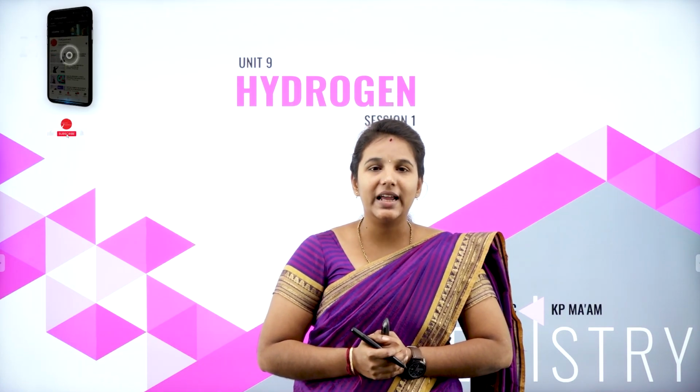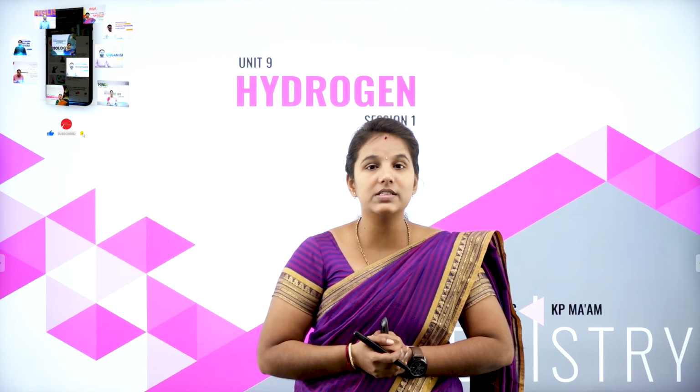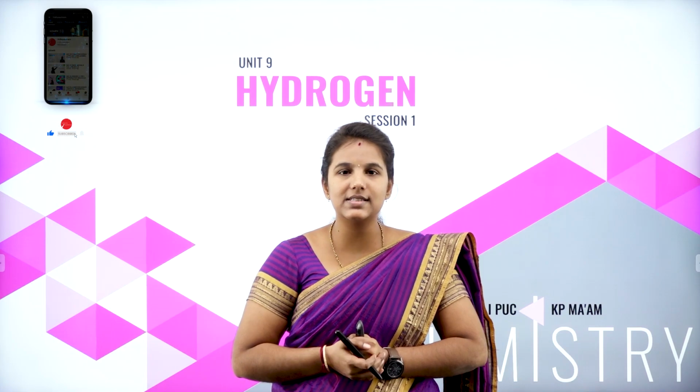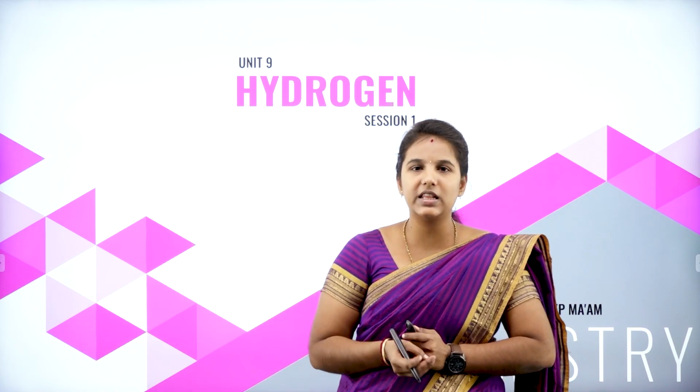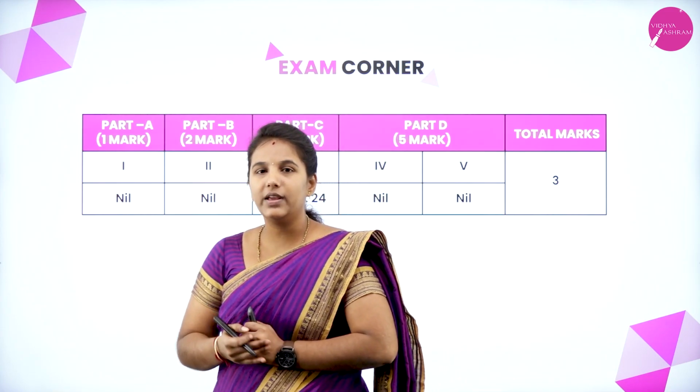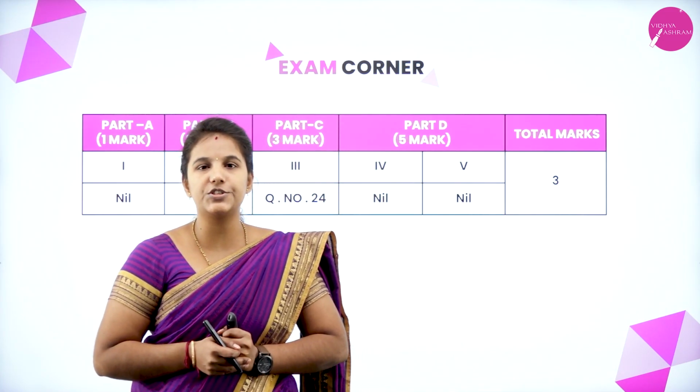My dear students, in this session, we are going to discuss a new unit called hydrogen. Before going into this new unit, let's see the weightage of this unit. From this unit, we can expect one 3-mark question.